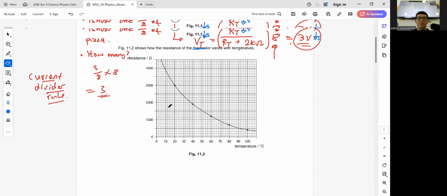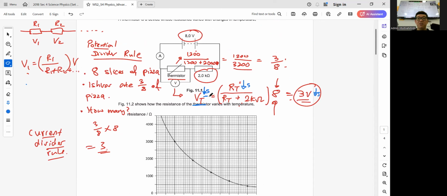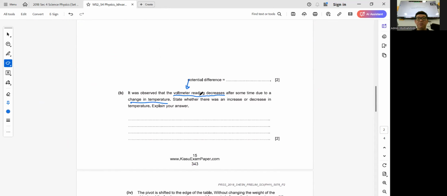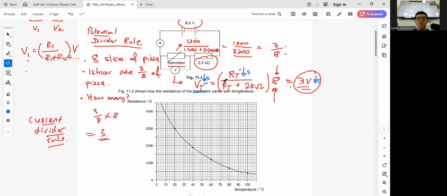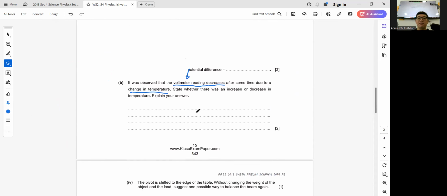So if you look at this, your VT decreases. You start with this, voltmeter reading decrease. So if your VT decreases, it will mean that your RT decreases. So you got to use a graph to go and explain. Okay.